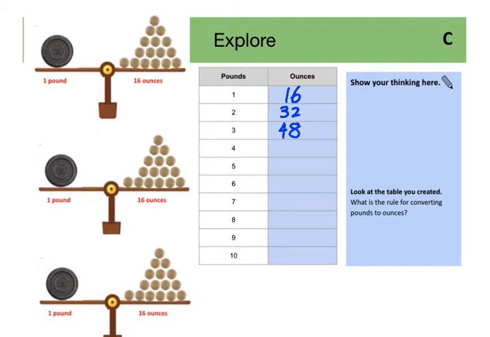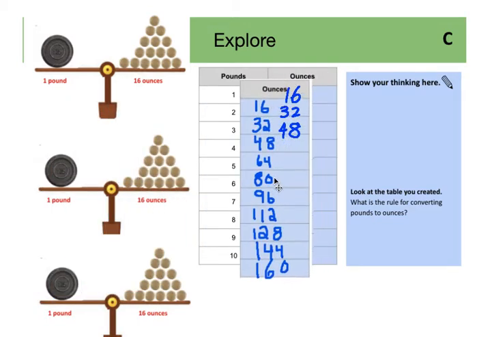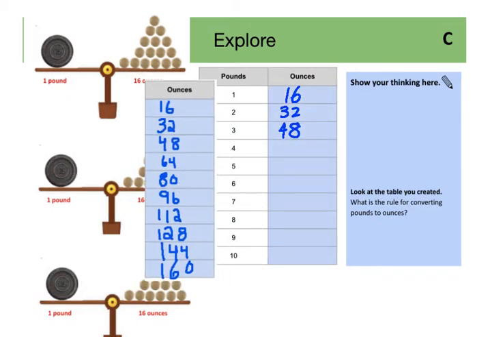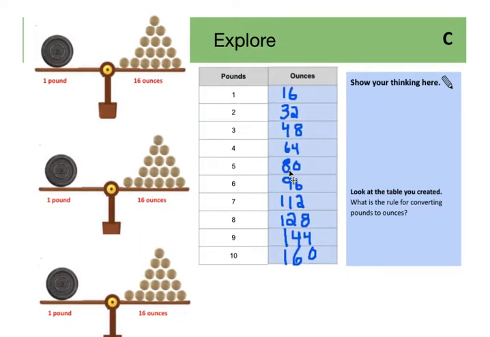All right, so I went ahead and completed the rest of this. Let me delete this and take a look at the rest of the chart. We have 1 pound is 16 ounces, 2 pounds 32 ounces, 3 pounds 48. How do we get there?